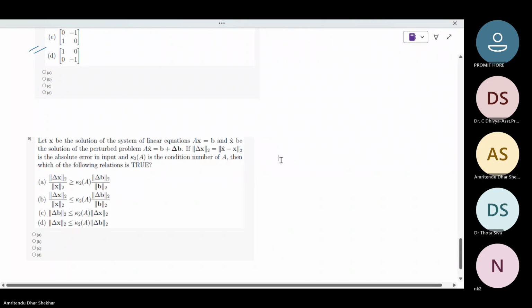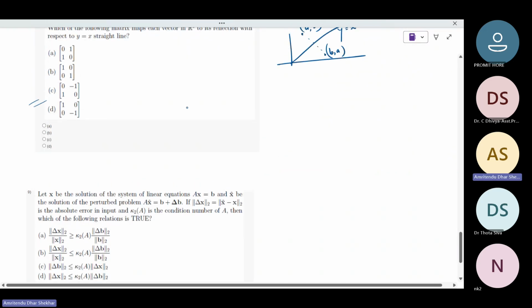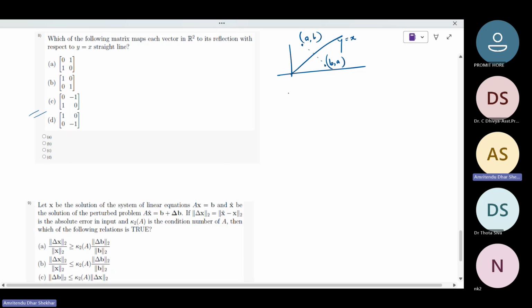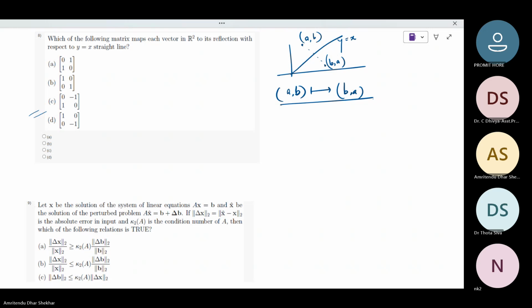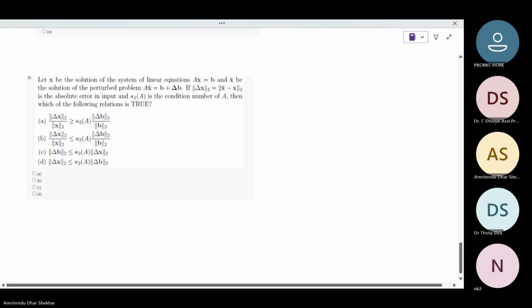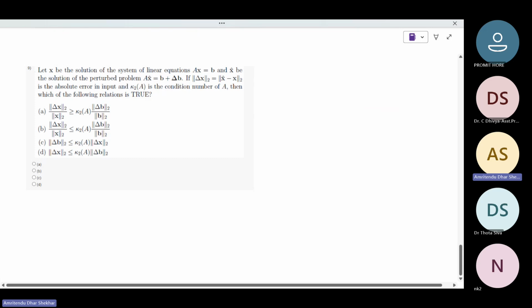Okay, hopefully this is clear. This is a pretty easy map. The map sends (a, b) to (b, a). Okay, now look at the ninth problem.